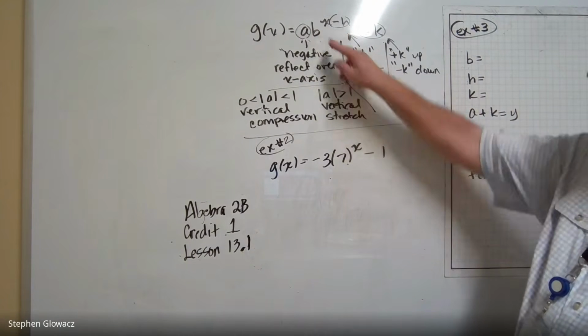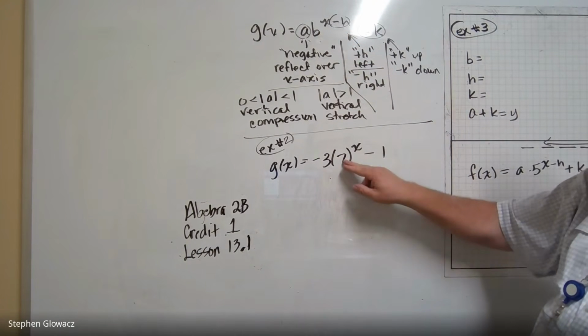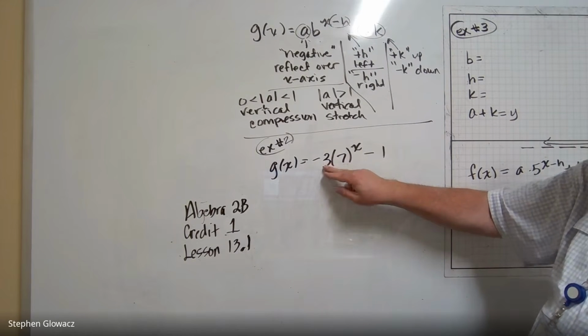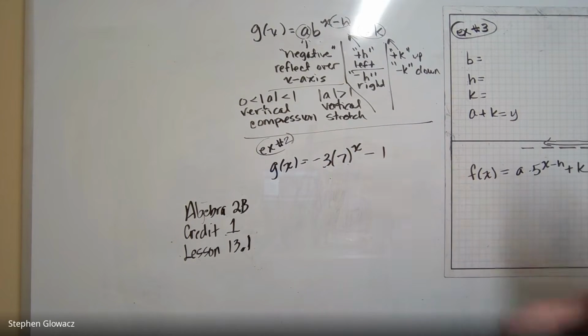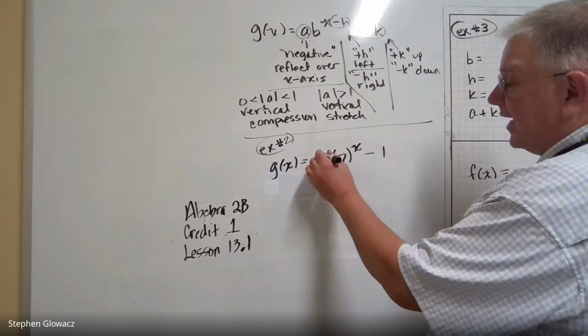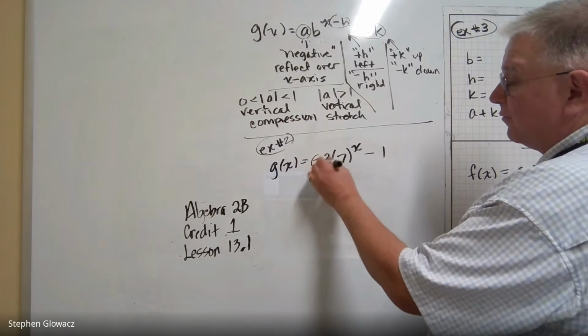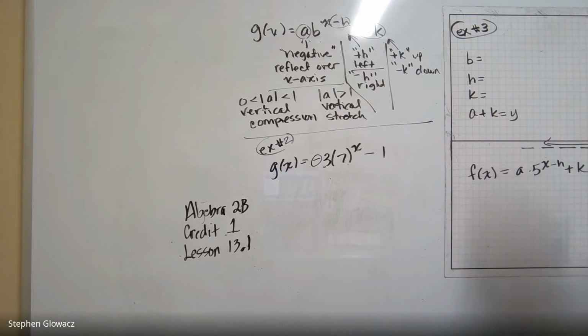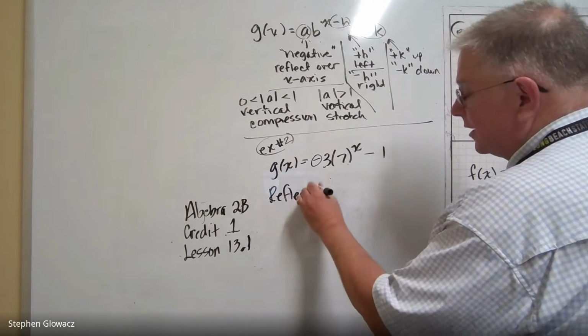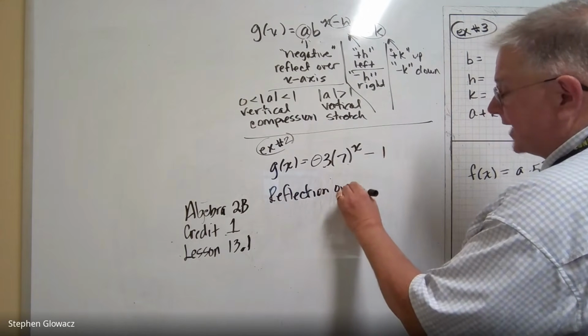Remember, this 7 is the base, so we're not going to concern ourselves with that. Only with a, if there is an h, and if there is a k. First of all, we notice that a is negative 3. The negative, remember, if a is negative, is going to reflect us over the x-axis. So we start with a reflection over the x-axis.